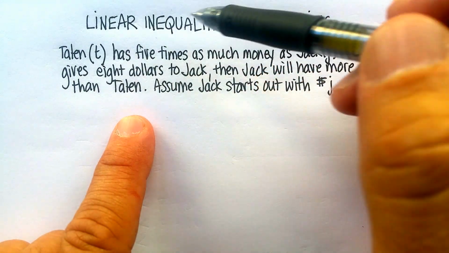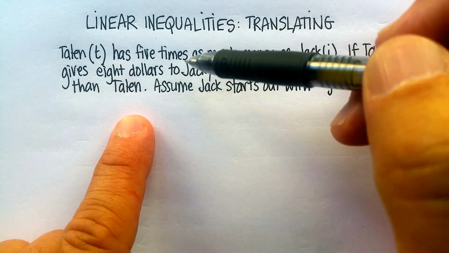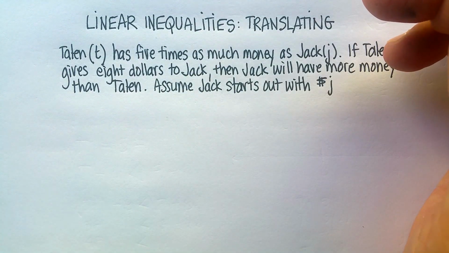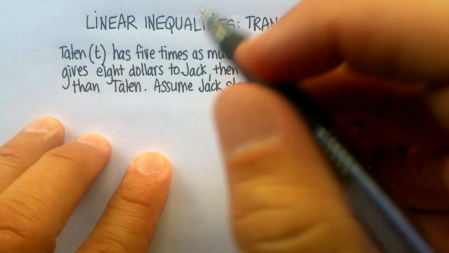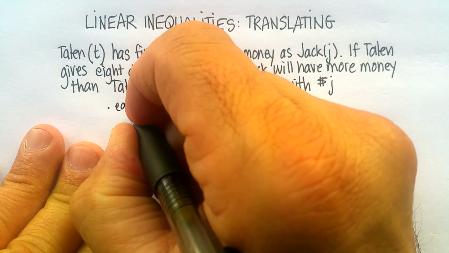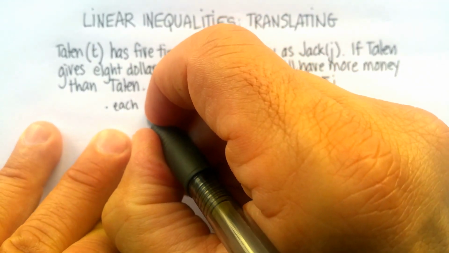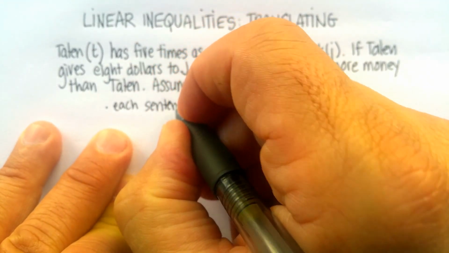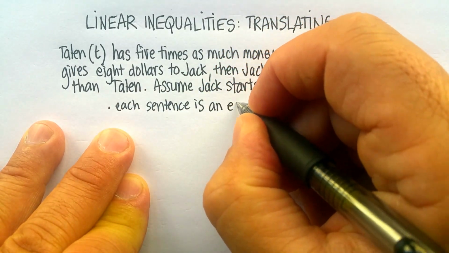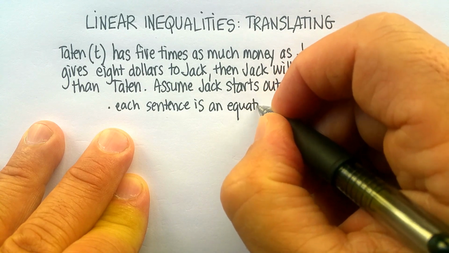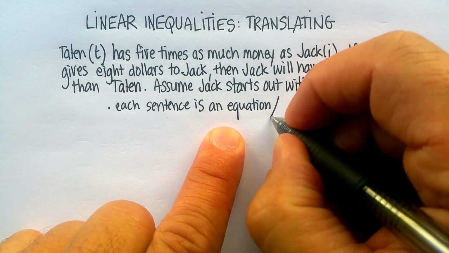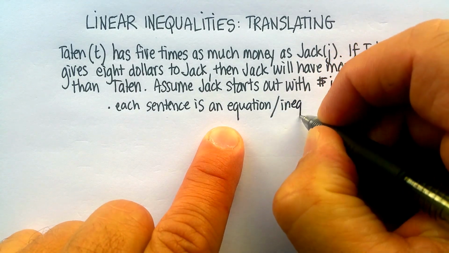Remember that when we translated real-life situations into math and vice versa, we used equal signs, but we also said that a good rule to follow is that each sentence was an equation, right? So if each sentence is an equation, we could also use that same rule for saying that each sentence might also be an inequality, okay?